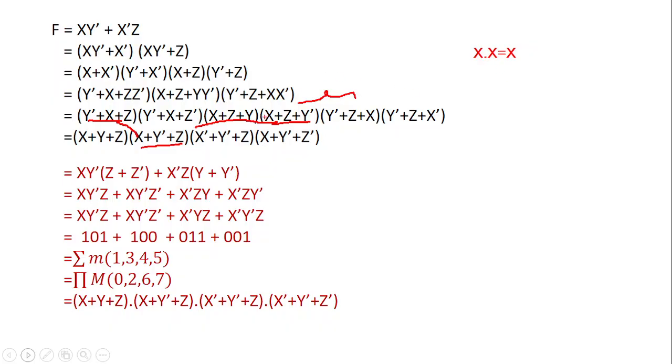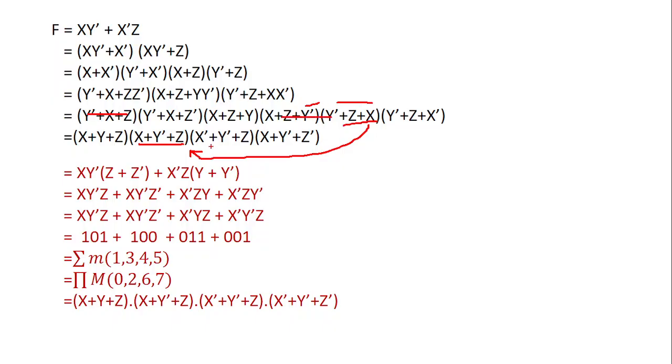So this term you can ignore because it is already there. What about the remaining term x y bar z? It is already there too. Instead of writing them 2 to 3 times, you will notice that these three terms are the same. Write it only once, don't repeat it.